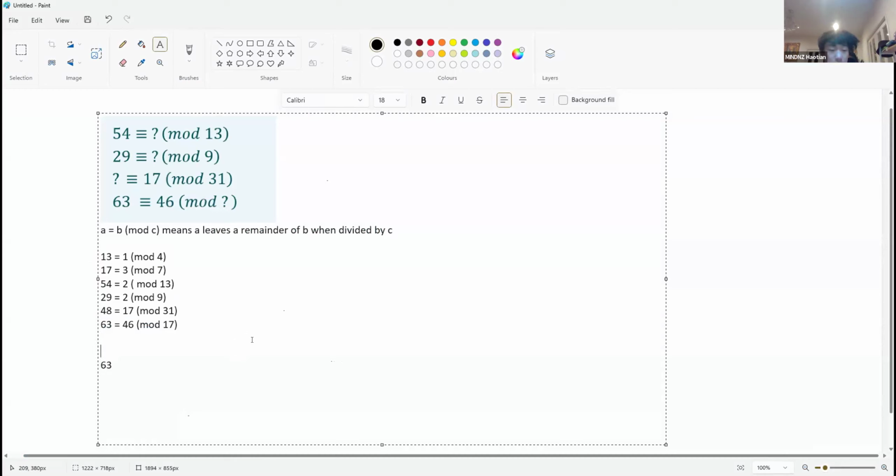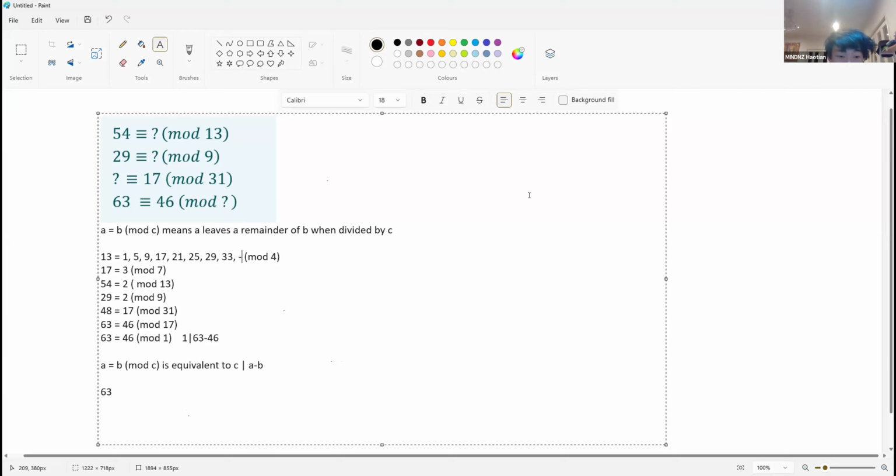If anyone wants to be more advanced, A is congruent to B mod C is equivalent to C divides A minus B. And then that means mod 1 works because 1 does indeed divide 63 minus 46. But then we get so many solutions, right? We get 4, 1, 5, 9, 17, 21, 25, 29, 33, and so on.